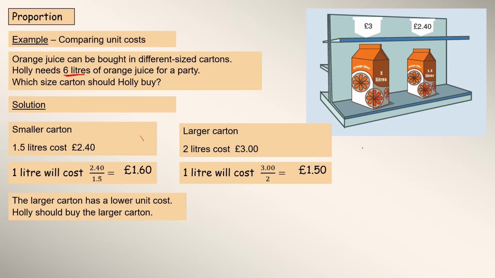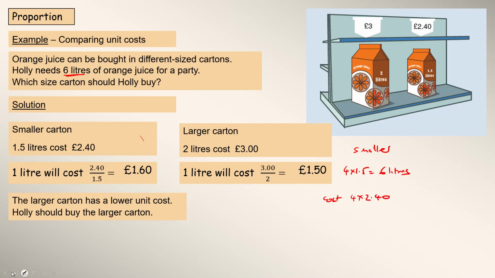Now for the smaller carton, how many cartons would she need to buy to get up to 6? That'll be 4. So 4 times 1.5 will give you 6 litres. So the cost then will be 4 times £2.40.